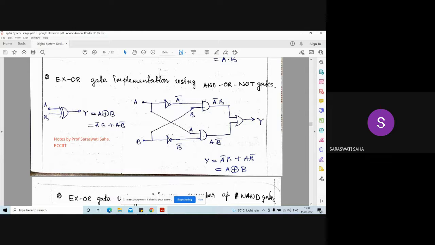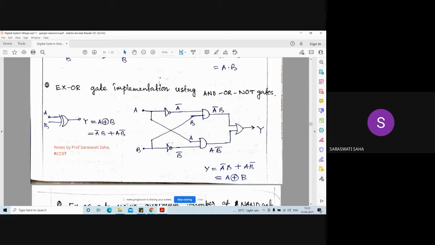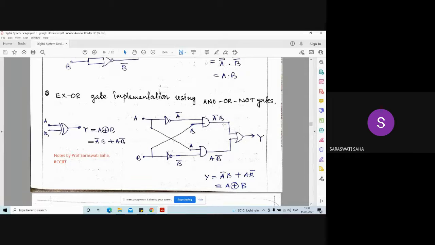So using this AND gate, you are getting AB'. Finally, using this two-input OR gate, the output will be A'B + AB'. So it will give us A XOR B. So this is the implementation of XOR gate using AND, OR, NOT gates.